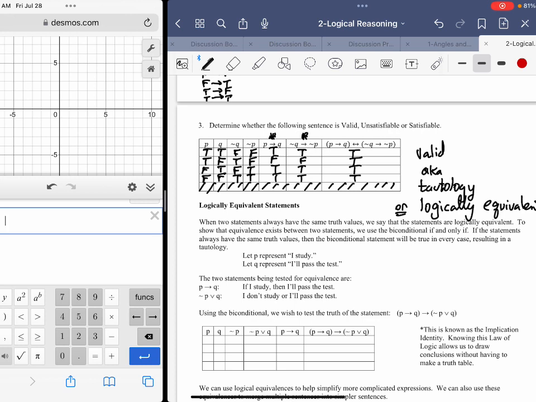All right. So I could say P implies Q is logically equivalent to not Q implies not P.